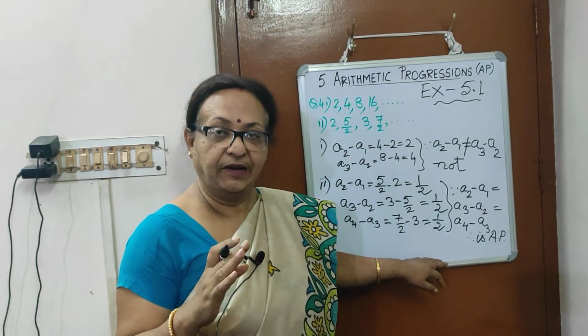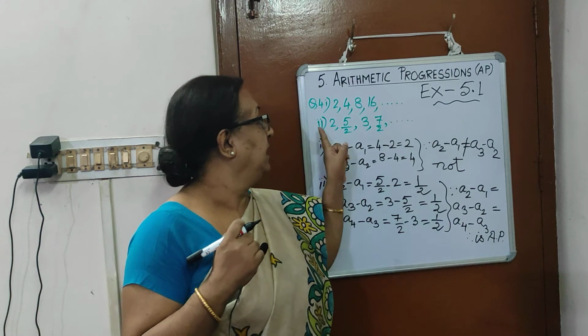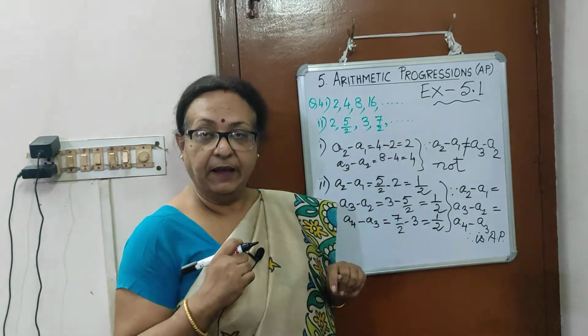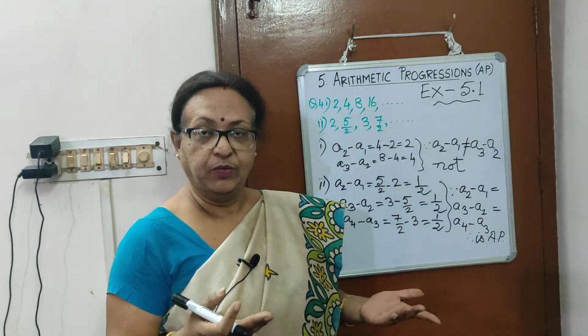So understood children? Since the common difference is constant, the given sequence is an AP. Now what is said? If it is an AP, write 3 more terms.